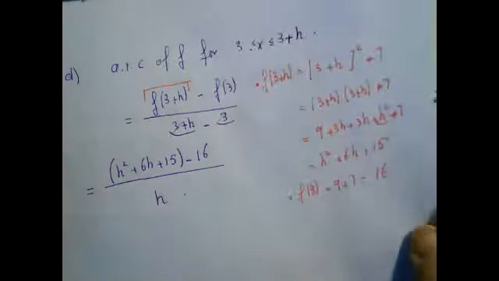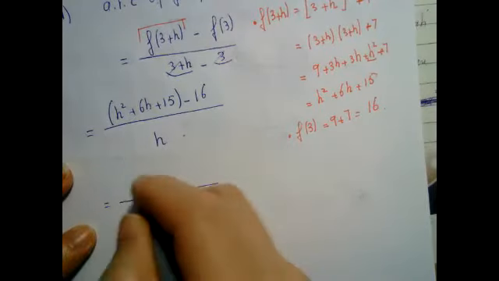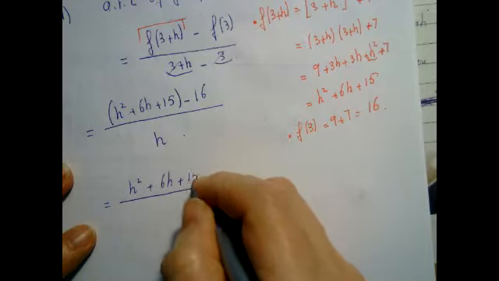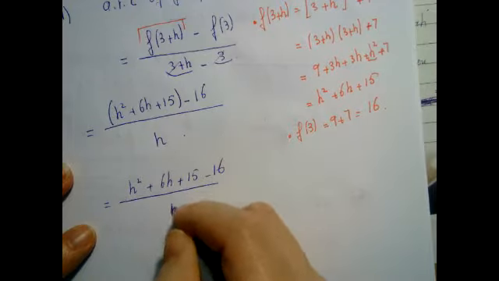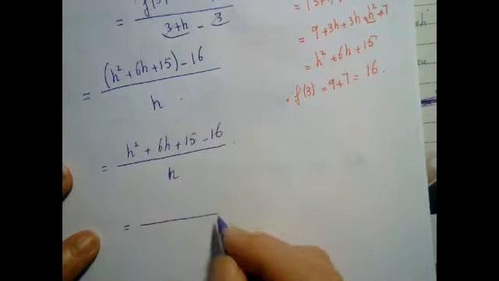We get an h. So finally, we get h squared plus 6h plus 15 minus 16, divided by h.